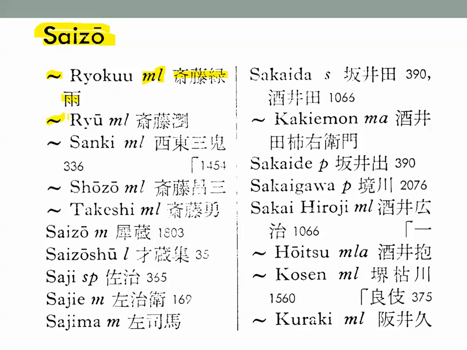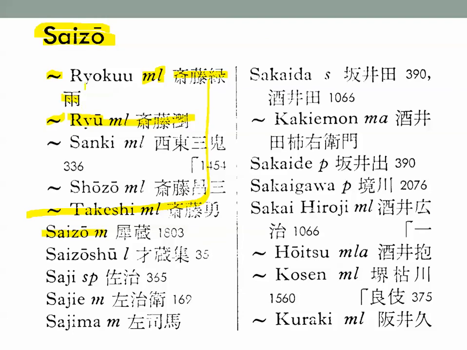Likewise, Saizo Ryu, or this is actually Saito, right? Ryu is a male figure, a literary male figure. Eventually, we get out of that subcategory, that subgroup, and we get to Saizo, and that's it. It's not a double name.